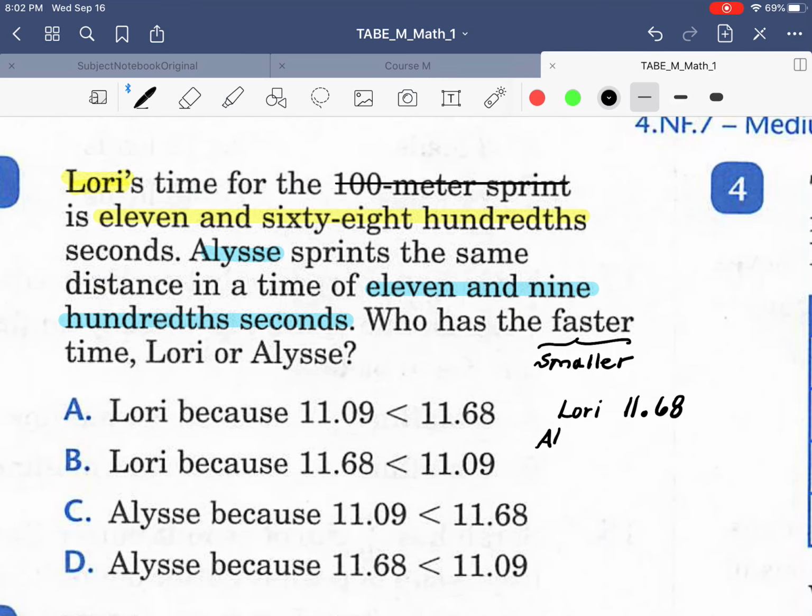Elise is 11 and 9 hundredths seconds. So who has the smaller time? Who has the faster time? That would be Elise. Elise is the faster of the two runners because 11 and 9 hundredths is less than 11 and 68 hundredths. So the answer I want is C.